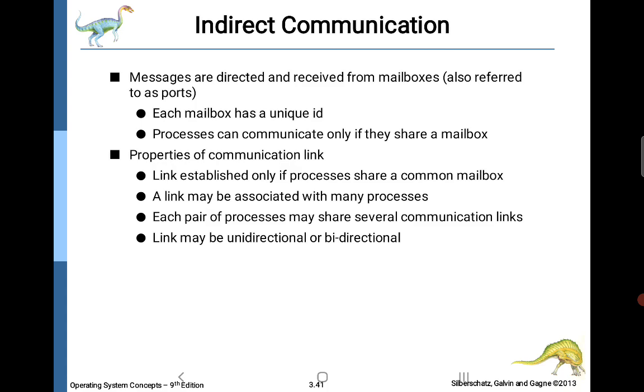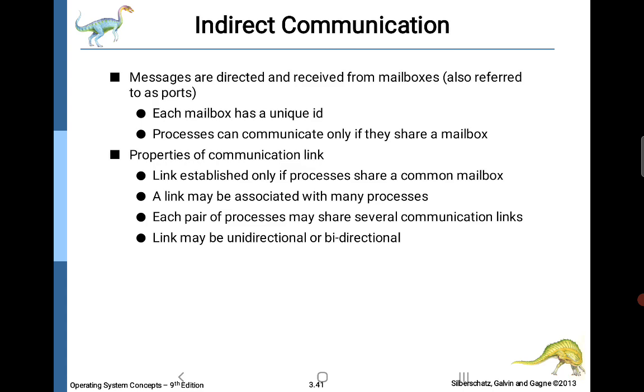Processes can communicate only if they share a mailbox. So there will be a communication link if the two processes share a common mailbox. Because this mailbox is an intermediary object, more than two processes can share the same mailbox.